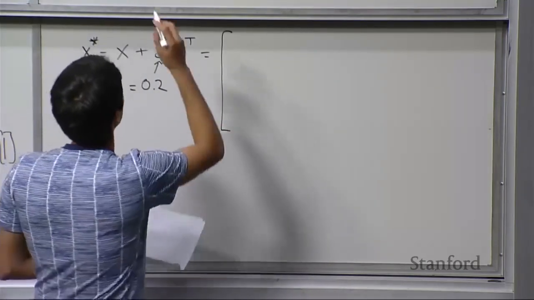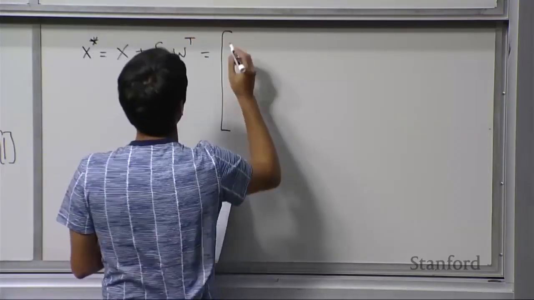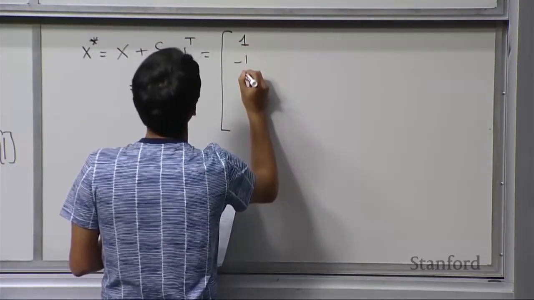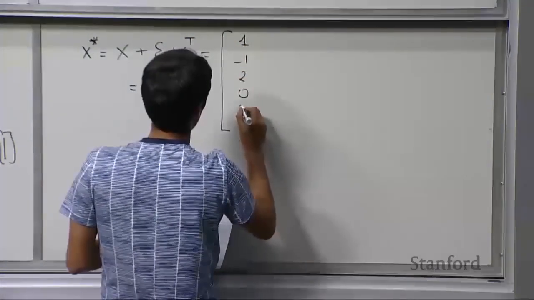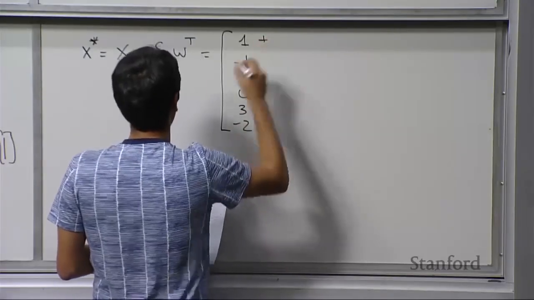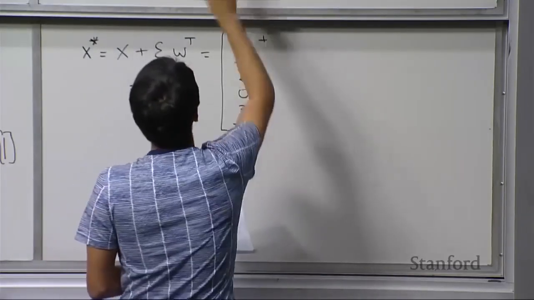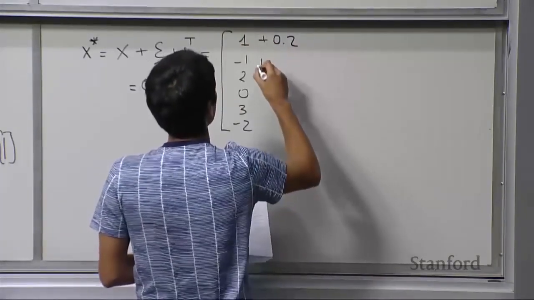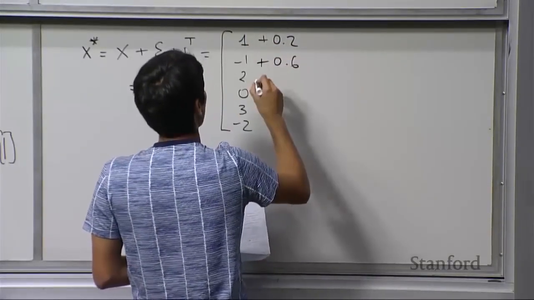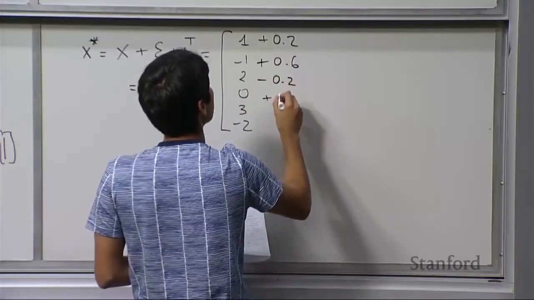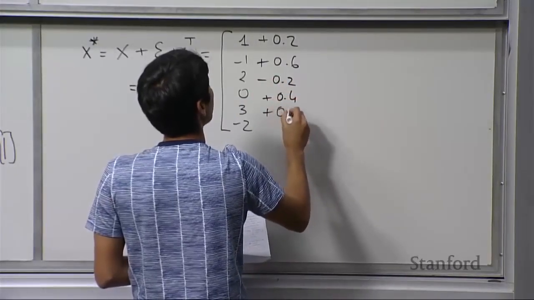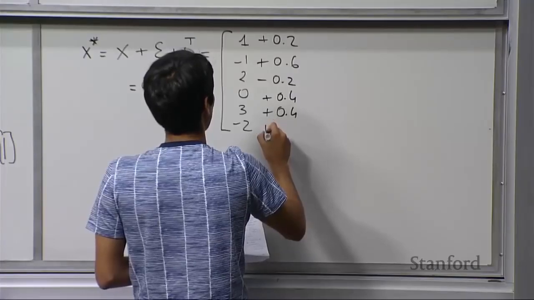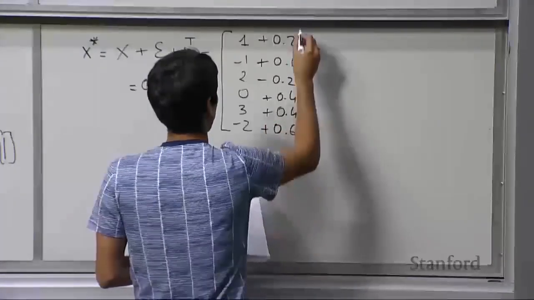What we get is this: 1 minus 1, 2, 0, 3 minus 2, plus 0.2 times 1, 0.2 times 3, minus 0.2 plus 0.4 plus 0.4 and plus 0.6.